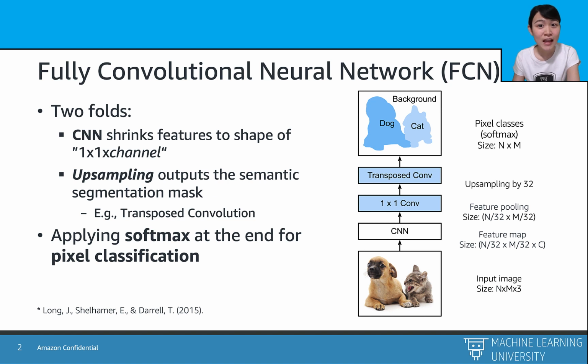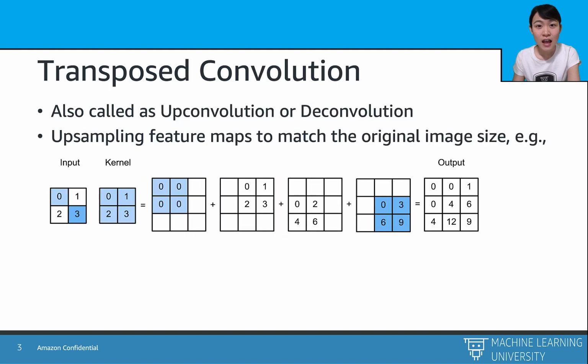Fundamentally, the last layer of FCN is to apply a softmax to each pixel and predict the classification mask. Here come the details of transposed convolution, which is also referred to as upconvolution or deconvolution.